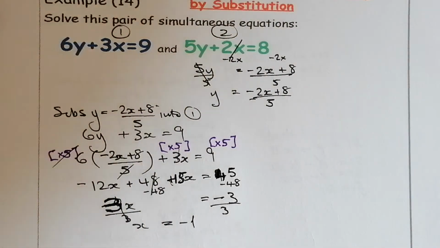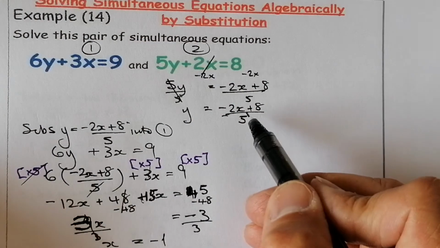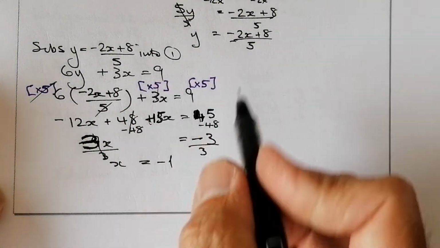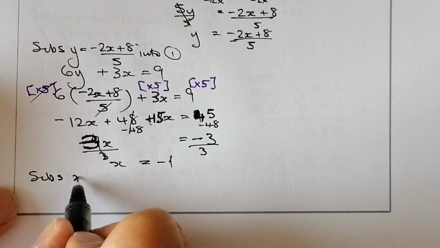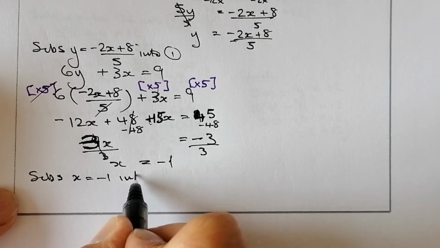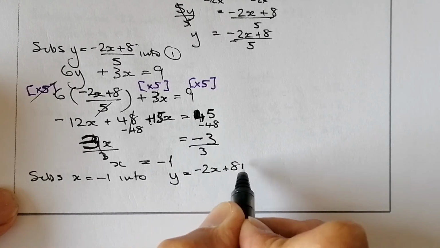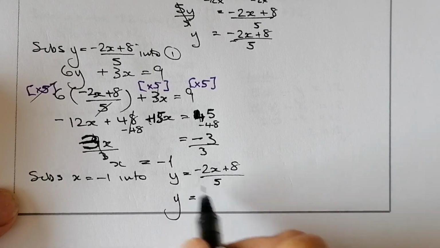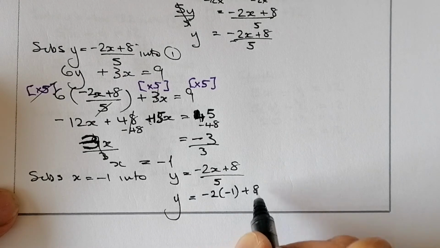Right, so from there, what we'll do is we'll then just work out our y coordinate, and I'm going to use this equation up here, just the same as what we've been doing, okay? So substitute the x equals negative 1 into the equation we're using, y is equal to minus 2x plus 8 all over 5. When I substitute the value in there, I've got minus 2 times a minus 1, so be careful of that one.